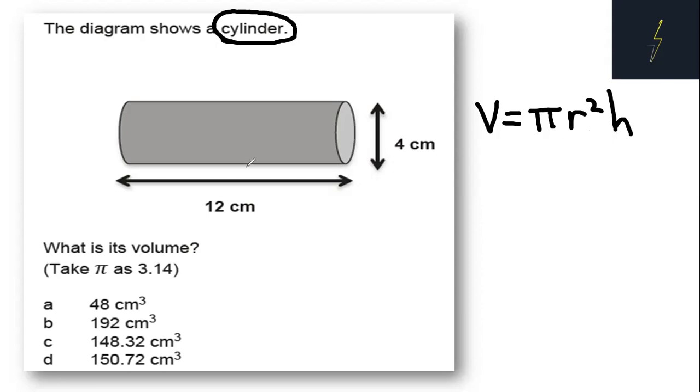So remember, what is radius, by the way? Radius is like from the center extending outwards. That's true. So what would be the radius for this cylinder here? Would it be 4? Or 2.